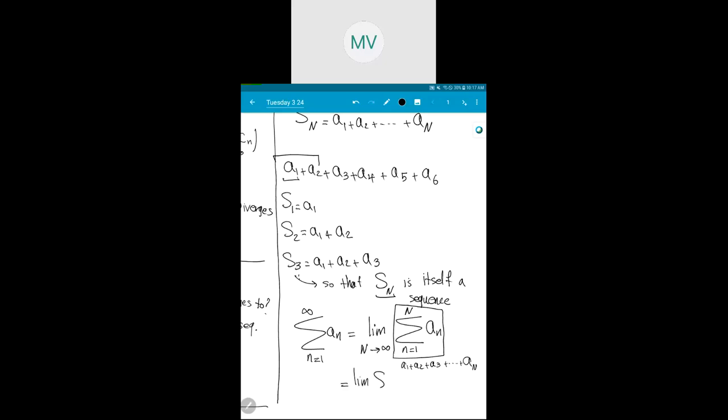So I can write it as the limit of S sub n as n goes to infinity. Hopefully I didn't confuse you with all the notation, but my point was that I can write an infinite sum as a limit of a sequence. That was the point that I wanted to make.